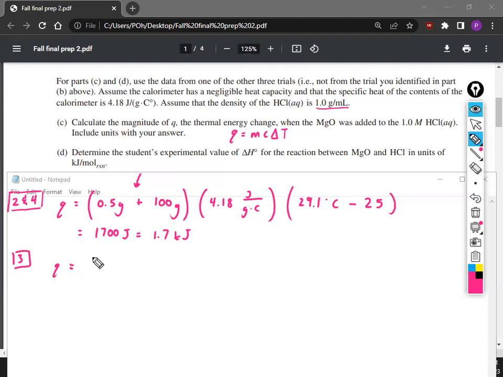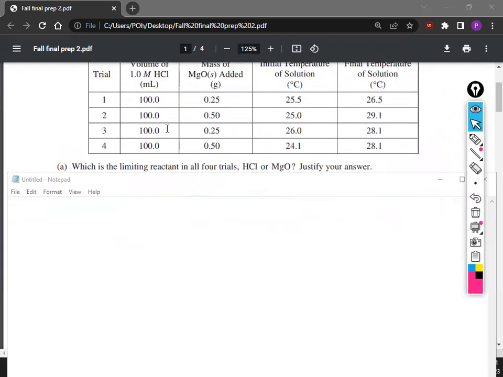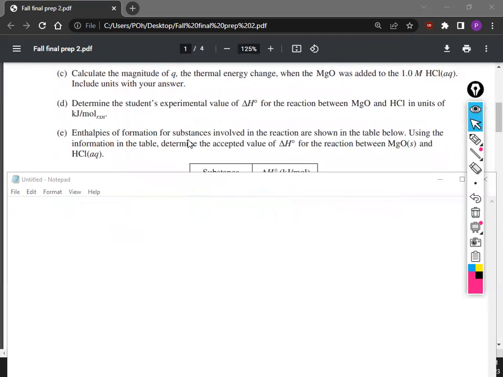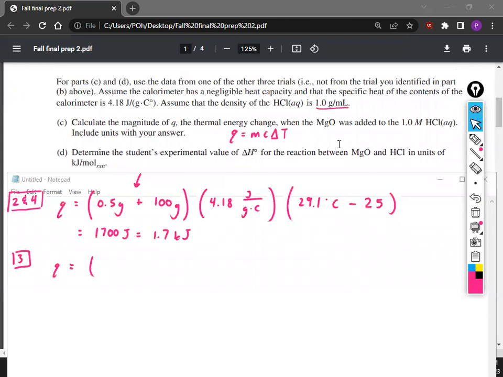Okay, so let's go back to our data. If we take a look at the mass, this time for 3, it's gonna be 100 plus 0.25. So for trial 3, it will be 0.25 plus 100 grams.